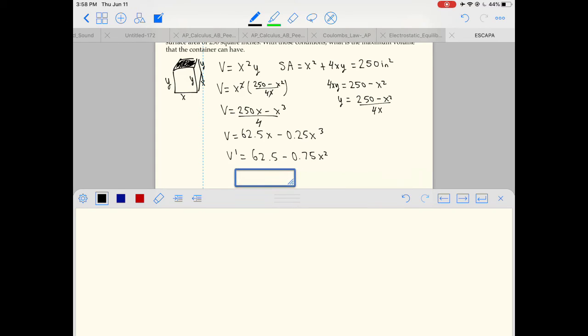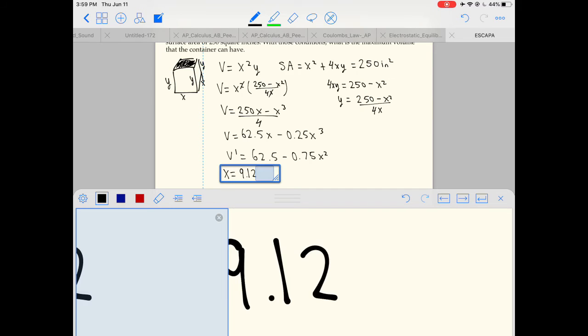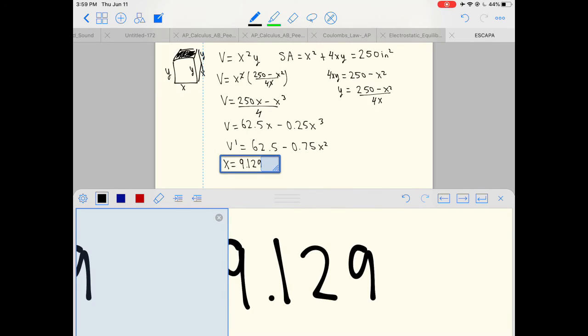If I plug this into the calculator, I can solve for when v prime equals 0. That would occur when x equals 9.129, and that's in inches.